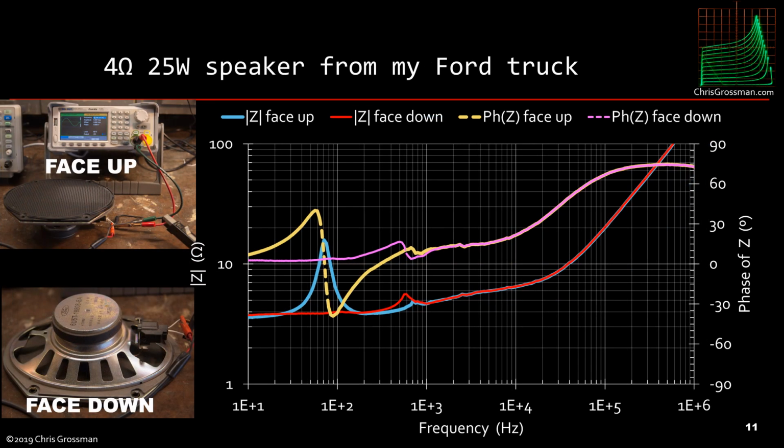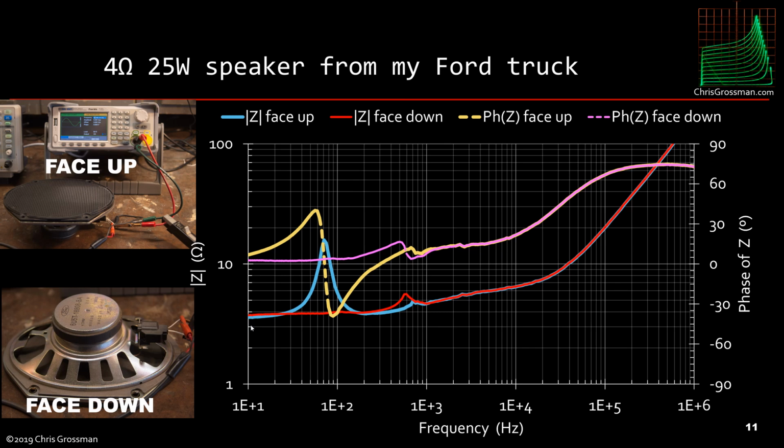Now let's look at the impedance of a speaker. This speaker I pulled out of my Ford truck quite a few years ago, when I replaced them with some better speakers. Here I'm doing the impedance measurements two ways: one with the speaker face up, and the other with the speaker face down. First let's look at the face up. Nominally it's 4 ohms.